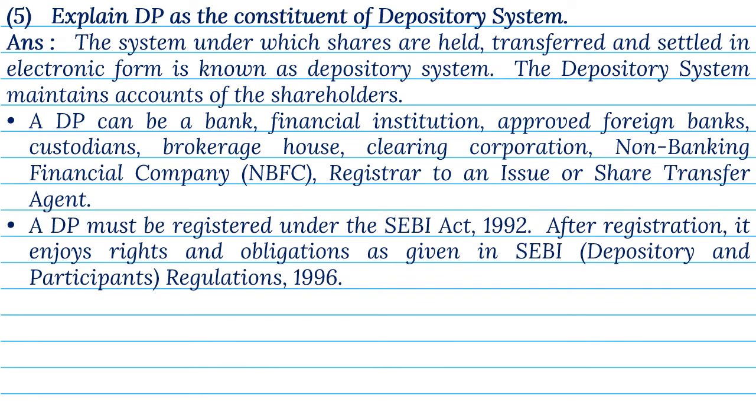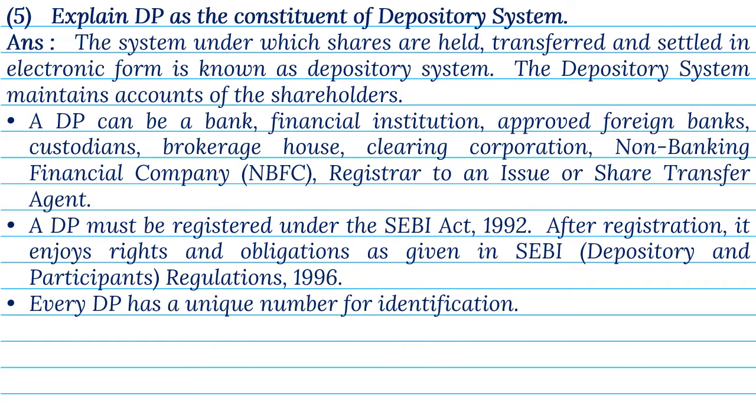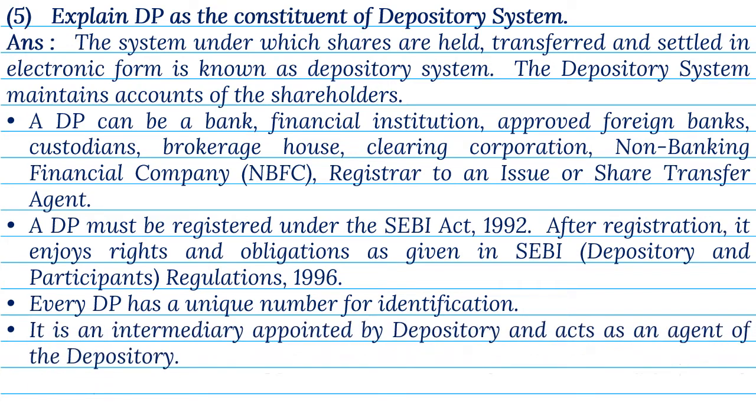After registration, it enjoys rights and obligations as given in SEBI, Depository and Participants, Regulations 1996. Every DP has a unique number for identification. It is an intermediary appointed by depository and acts as an agent of the depository.